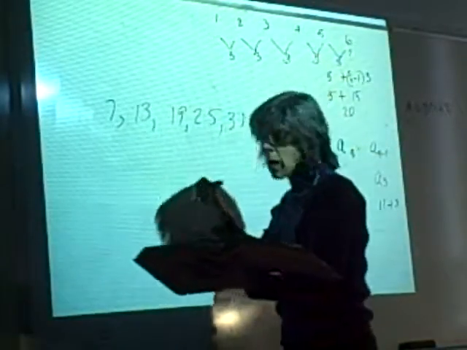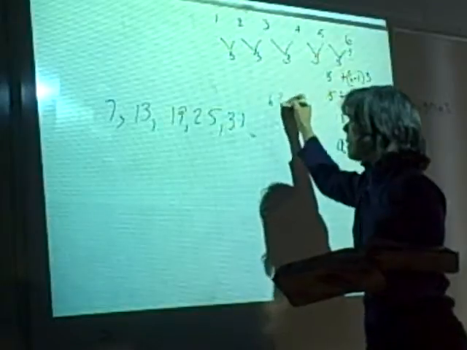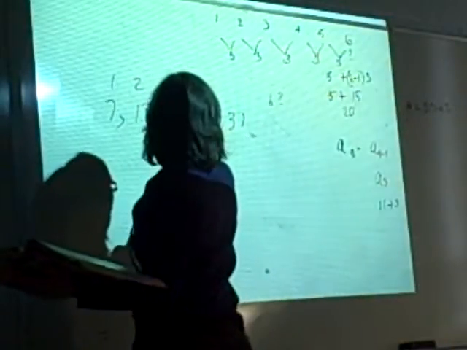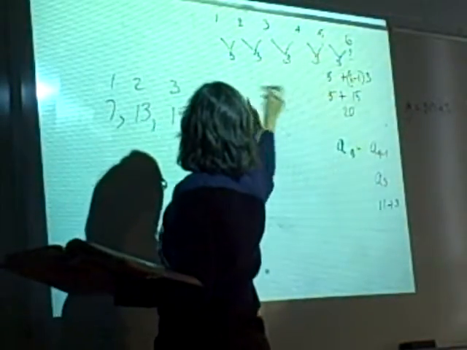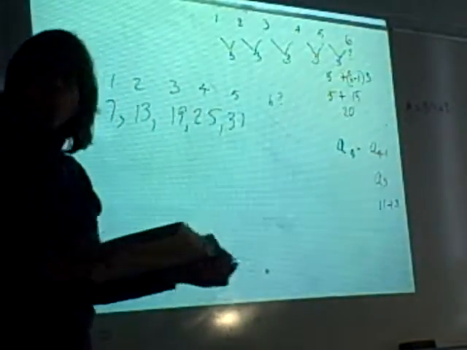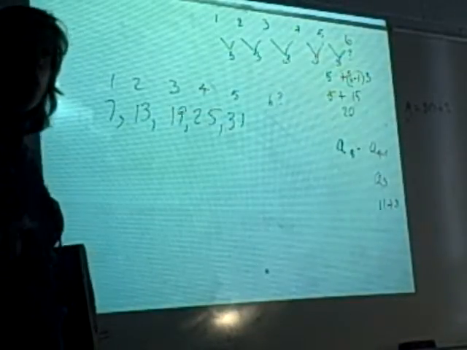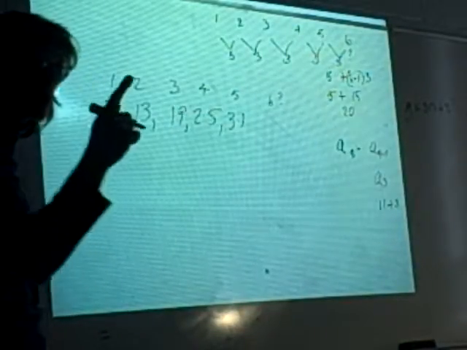All right, so I want to know what the sixth term is going to be. So here's the first, second, third, fourth, fifth, and the sixth. And I want to use my recursive rule. My recursive rule is based on what? The first term.